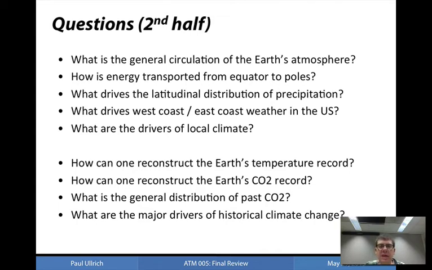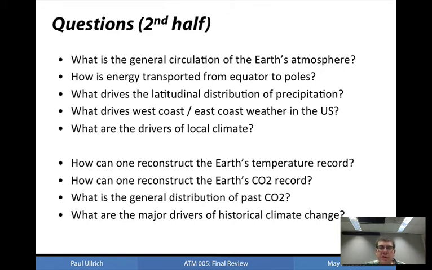This is accompanied with shorter term reconstructions using ice core records, particularly from Antarctica and Greenland, as well as tree ring records over the more recent history. One can reconstruct the carbon dioxide record using a combination of ice cores and benthic delta 18O records.